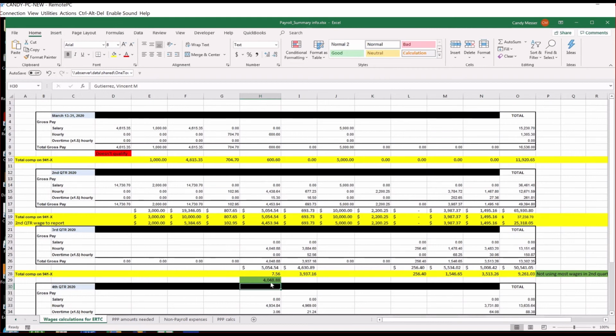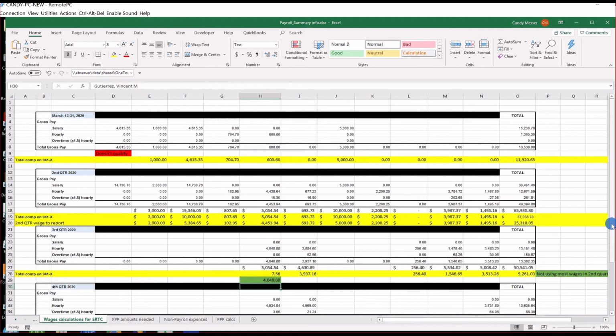All of that could have been used for the employee retention tax credit, but we wanted to reserve most of that to go towards the PPP forgiveness. So all I used in this quarter for him was $7.56.